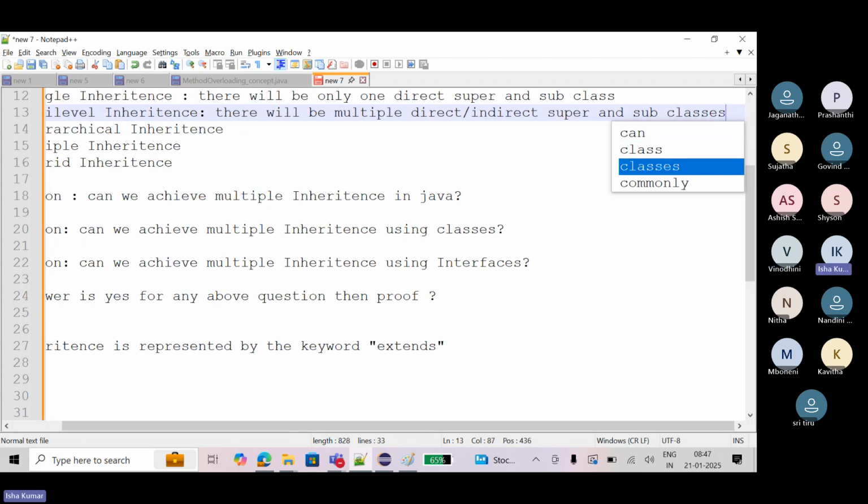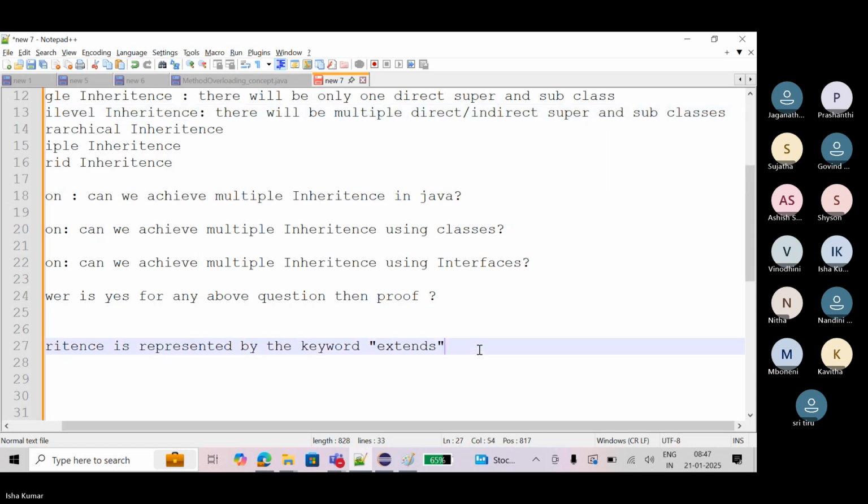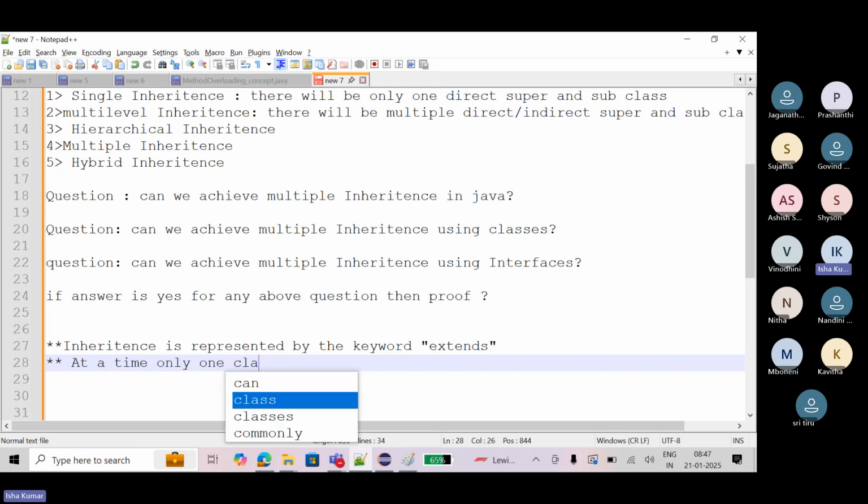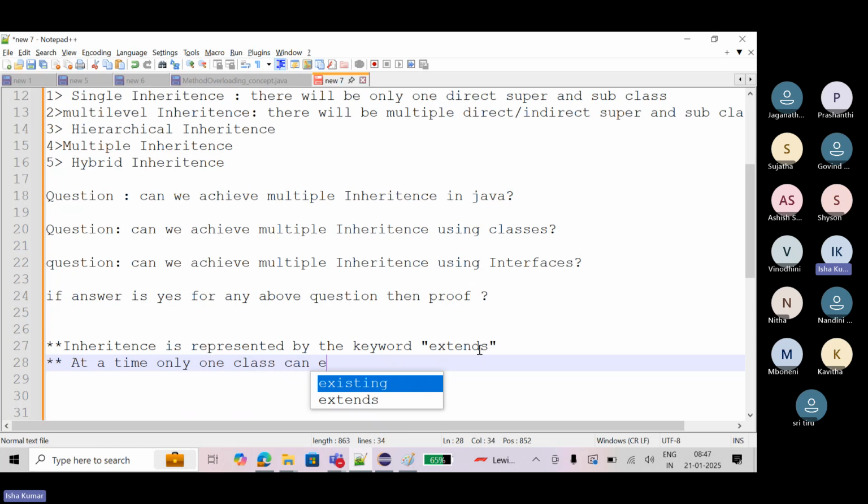Is it okay? So what is the next note, another point? At a time, only one class can extend another class.